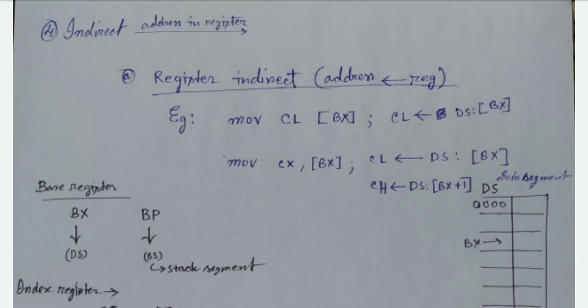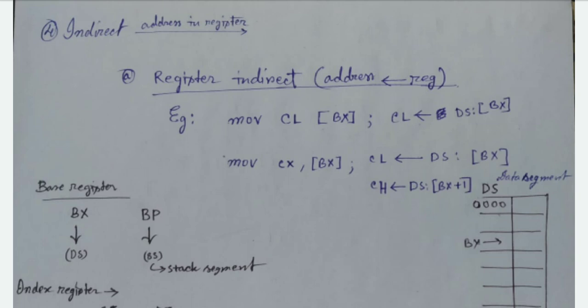We have the direct addressing modes, but indirect addressing modes are very useful to fetch a series of data, like consecutive 200 locations, consecutive 100 locations, by the instruction increment, INC. So we make it a loop and do it by the indirect addressing modes.